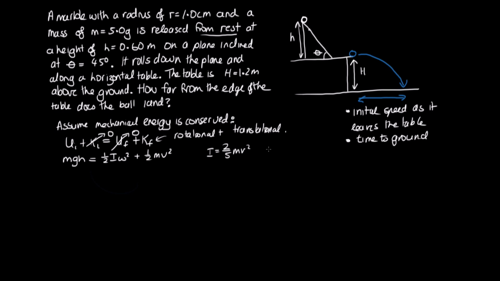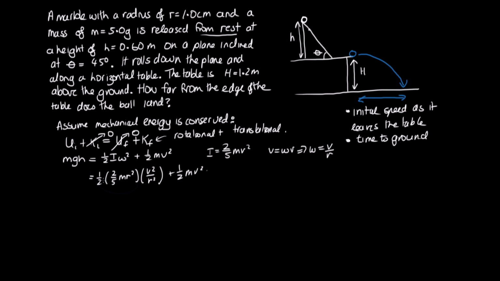And we've also got our equation v equals omega r, so we can rearrange this to write omega is equal to v over r. So what we're going to do is substitute these in here now. So this is equal to a half times I, which is 2/5 mr squared, times omega squared, which is v squared over r squared. And then we've still got the plus a half mv squared.